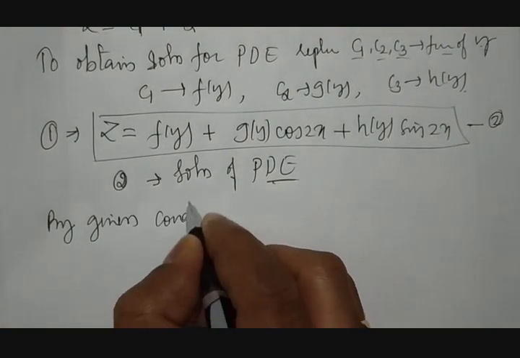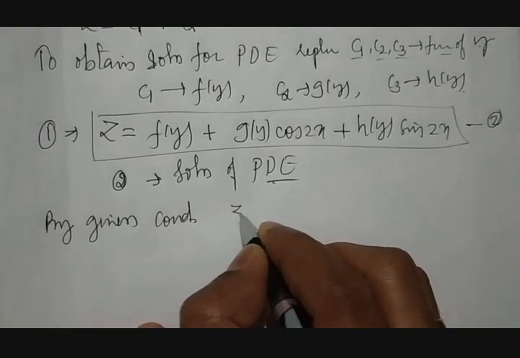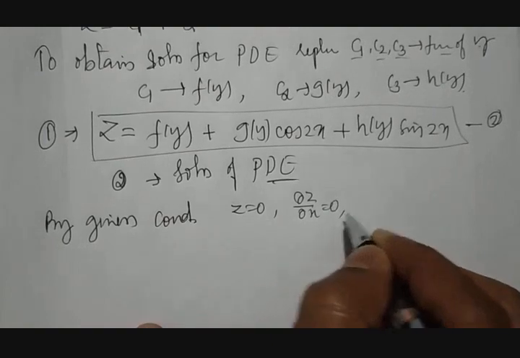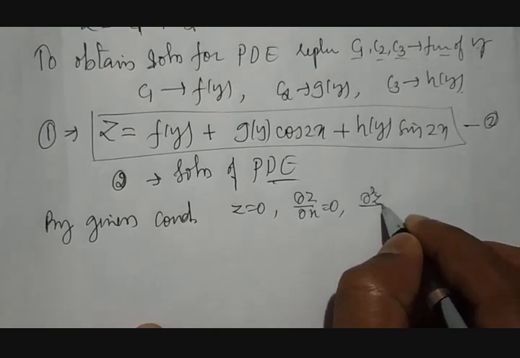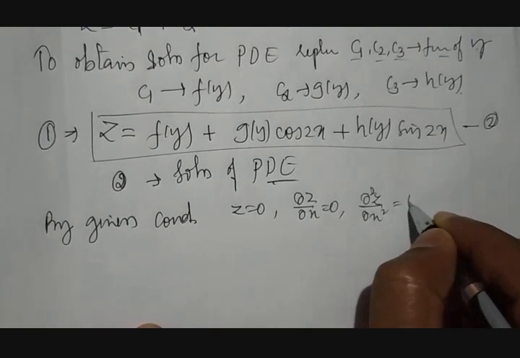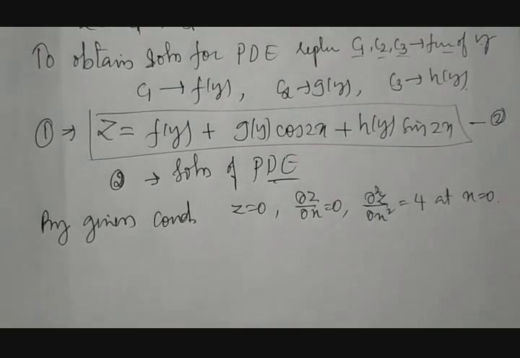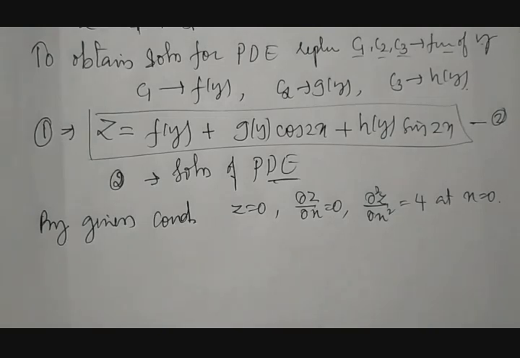By the given conditions, z = 0, ∂z/∂x = 0, ∂²z/∂x² = 4 at x = 0, where we can substitute all these results. One thing is very much clear now.